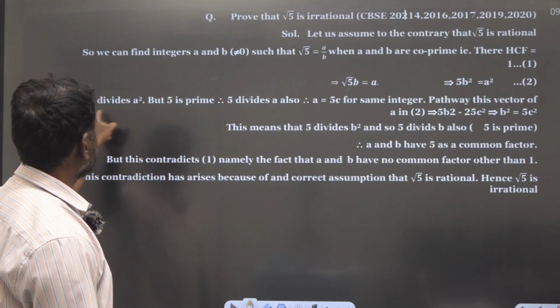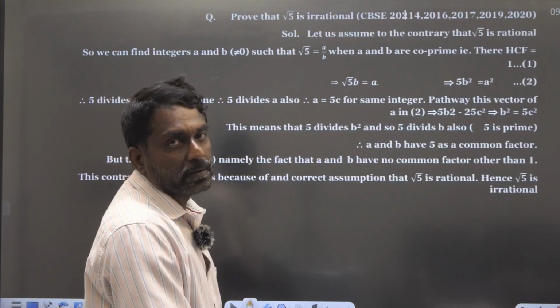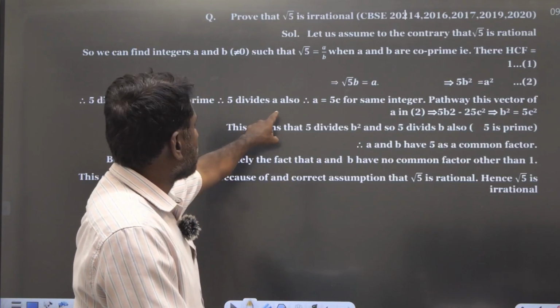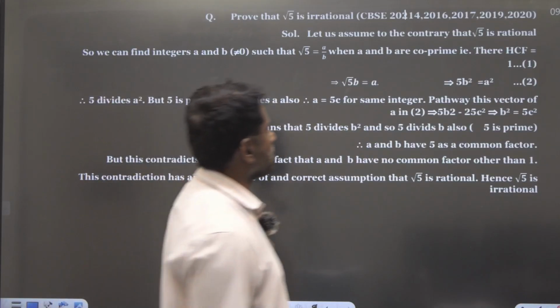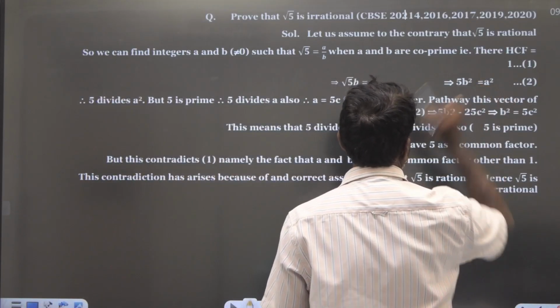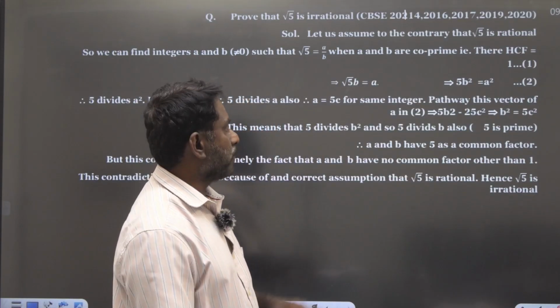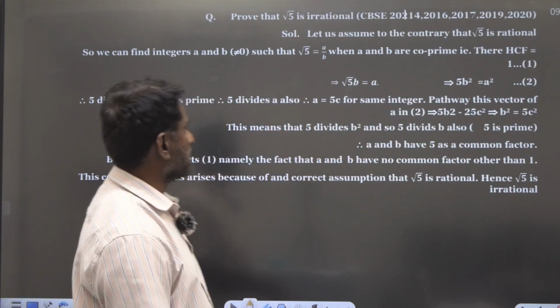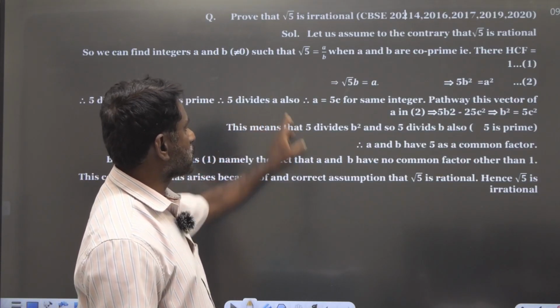But what is 5? 5 is a prime number. Therefore, 5 divides a also, because 5b square is equal to a square and 5 is a prime number.